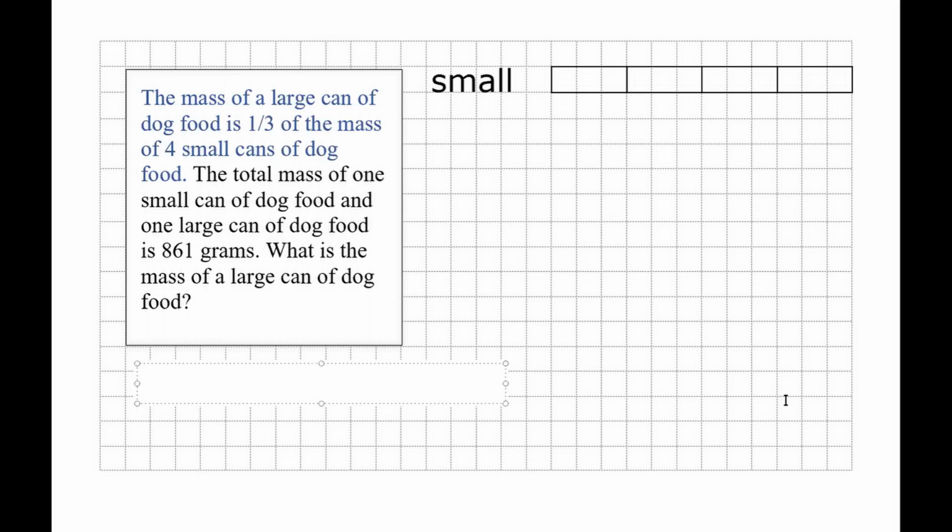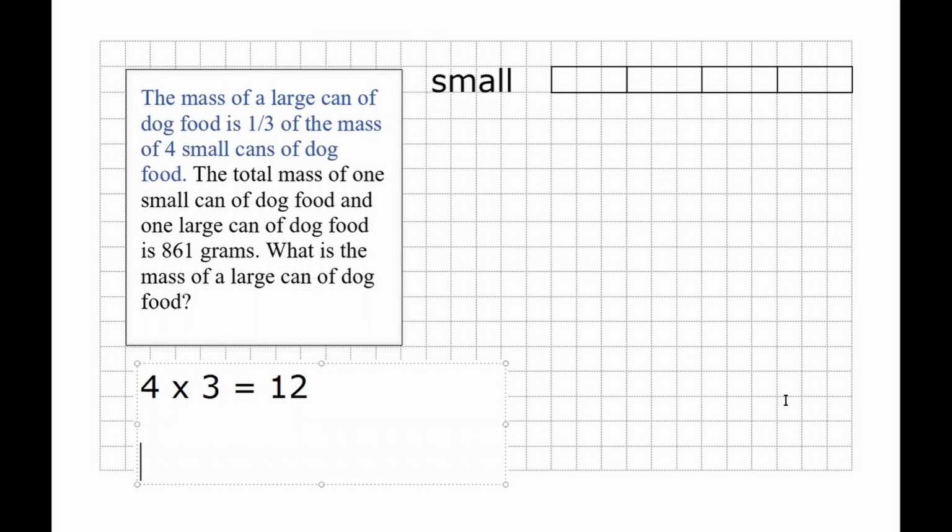So 4 small cans is 4 times 3, which is equal to 12 units. And a large can must be 1/3 of 12, or 4 units.